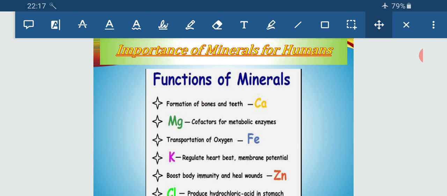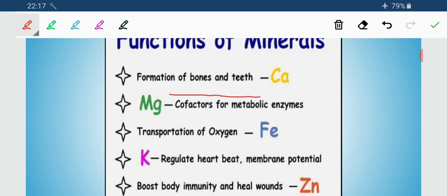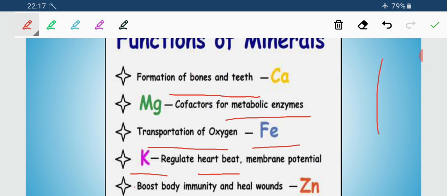Now why is it so? I am explaining it using some minerals that build up our entire body. Number one, calcium is there for formation of bones and teeth. Magnesium is there for the metabolic enzymes. For transportation of oxygen, iron is very much needed. Potassium is needed to regulate our heartbeat and for our membrane potential.